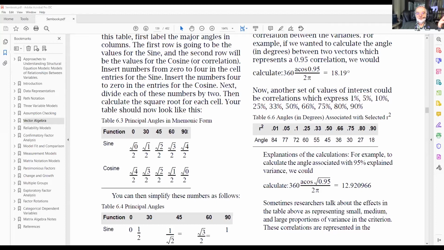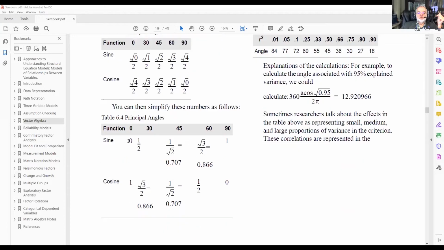You'll write the names of the angles on the top, and then write 0, 1, 2, 3, 4, and then write square root, square root, square root, square root, and then divide by 2, divide by 2, divide by 2. And do the same thing for the cosines, except in reverse order. 4, 3, 2, 1, 0, square root all of them, and divide by 2. And you can solve those. That will then give you the principal angles that are involved for the sine and the cosine. And that's just kind of a fun thing to remember.